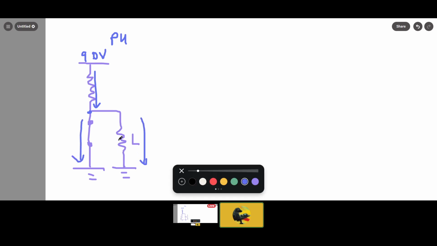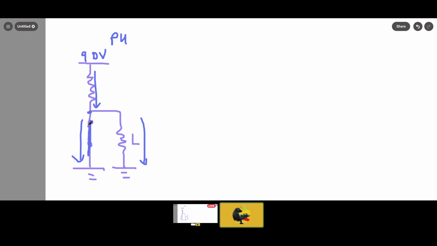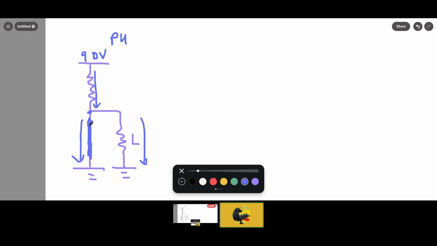You need to know an important fact here: electricity follows the path of least resistance. So the switch, which is just a wire, versus the load, which has the lower resistance? In this case, it is the switch, because there's virtually zero resistance.